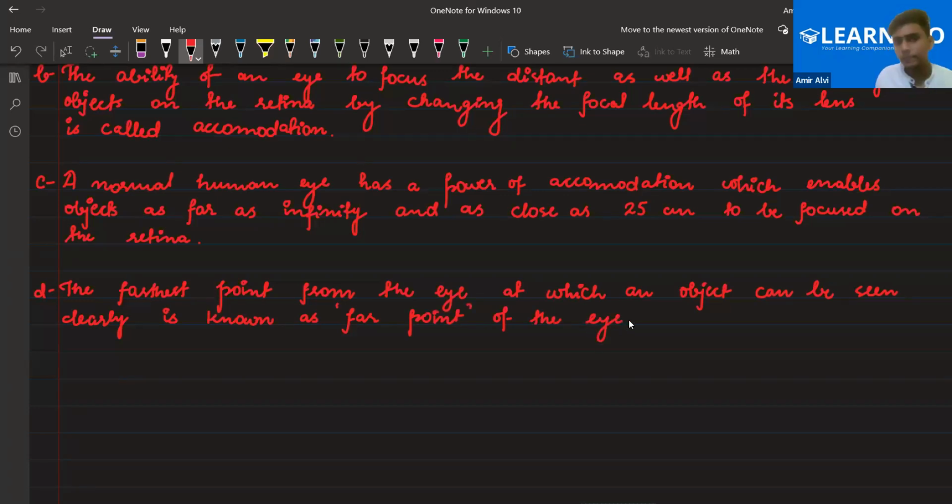Far point of the eye, and that is infinity, right? Yes, sir.